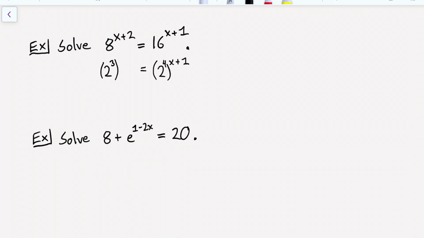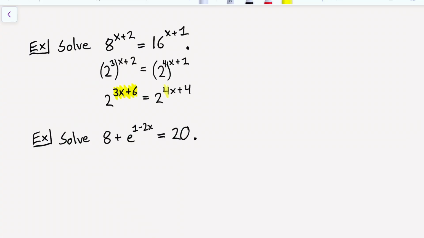So on one hand, I have 2 to the third to the power of x plus 2 equals 2 to the fourth to the power of x plus 1. And we can multiply those exponential pieces together. So I have 2 to the 3x plus 6, distributing the 3, is equal to 2 to the 4x plus 4. The one-to-one property of exponents comes in here.